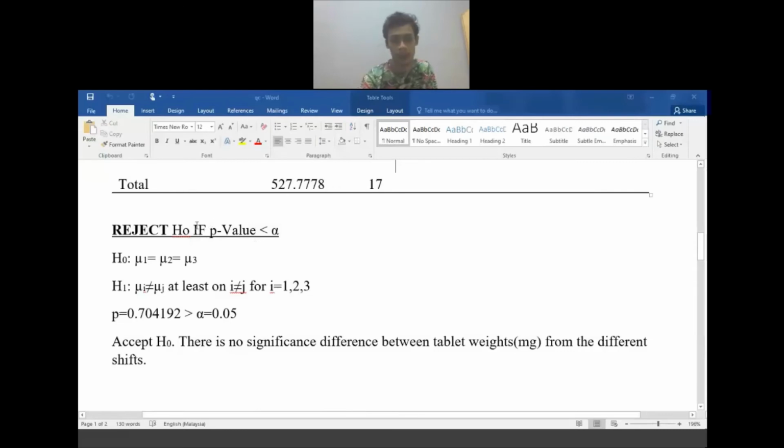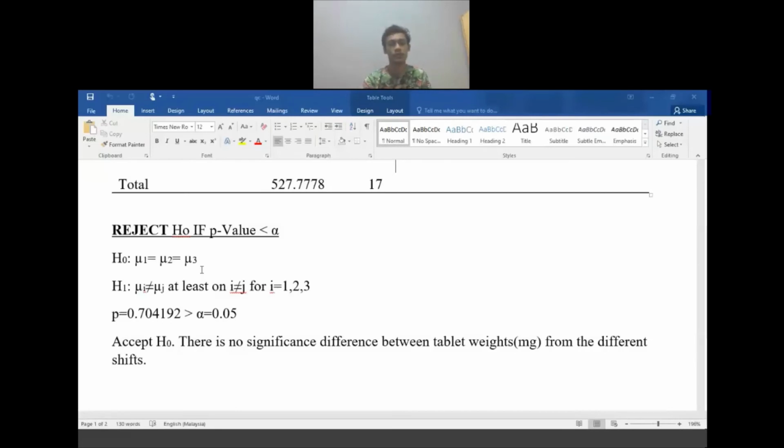What is H0? H0 is the statement which shows there is no difference or no significant difference. So we write mu1 equal to mu2 equal to mu3, where 1, 2, 3 refer to morning, evening, and night.